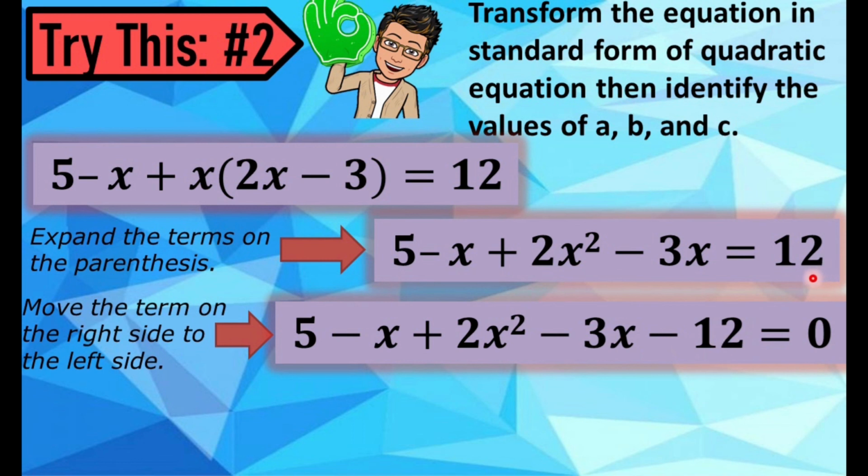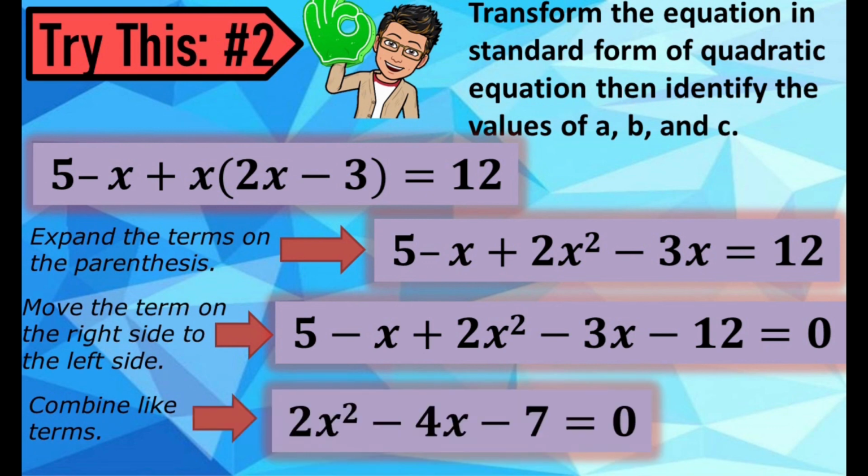We have used addition property of equality in order to move 12 from the right side to the left side. And finally, just combine like terms. So we have 2x squared here, and then negative x minus 3x is negative 4x. 5 minus 12 is negative 7.